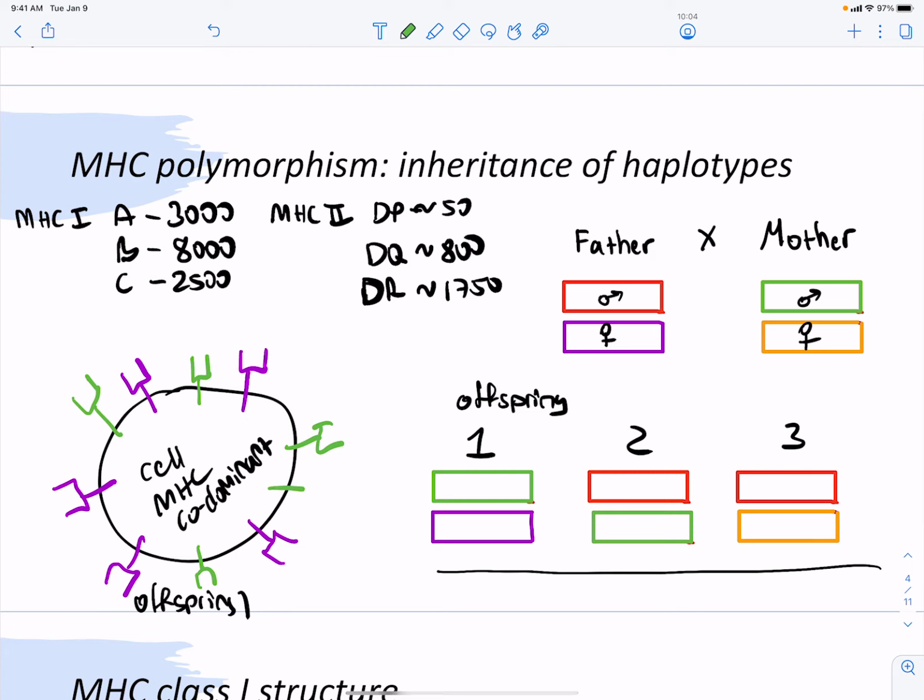MHC came from transplants, the compatibility: how compatible are the donor and the recipient for MHC alleles? And so this is very important for transplant and transplant rejection.